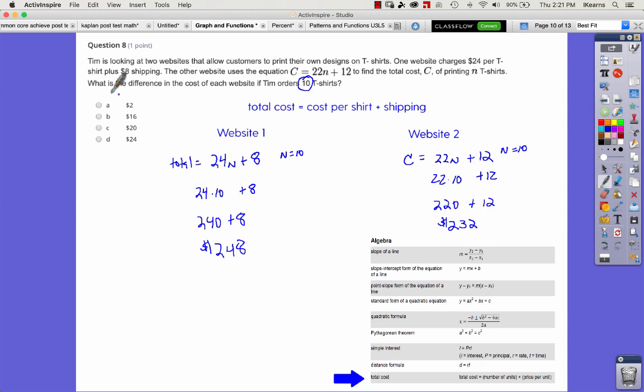So it says what is the difference between the two? Well, we have to subtract them. So we're going to do 248 minus 232 to find the difference. 2 from 8 is 6, 3 from 4 is 1, and the rest are 0. So our answer here is this $16 difference between the two websites.